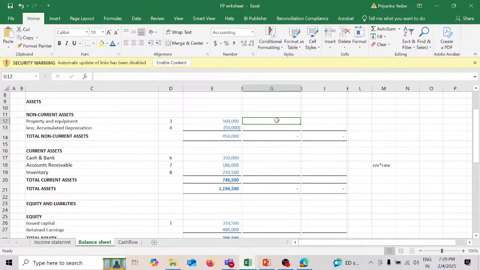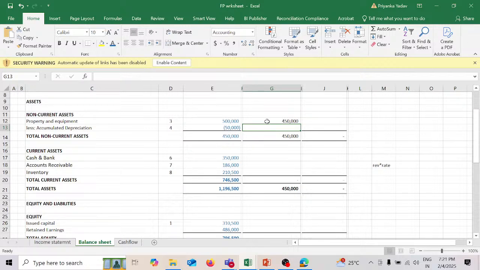Property and equipment will be the closing balance of your previous year. That means over here this is your closing balance. Now there is accumulated depreciation which is 10%. So on the closing balance of this 4,50,000, this is the closing balance of 2024.